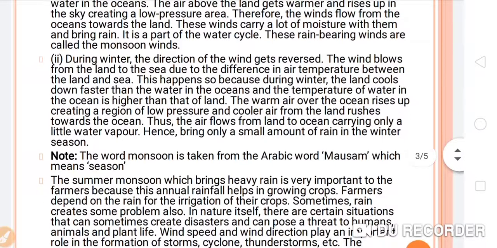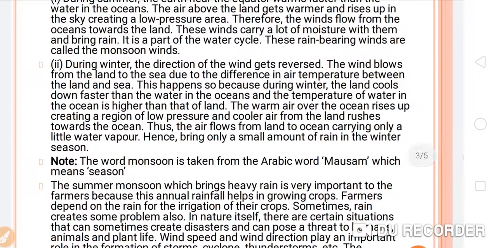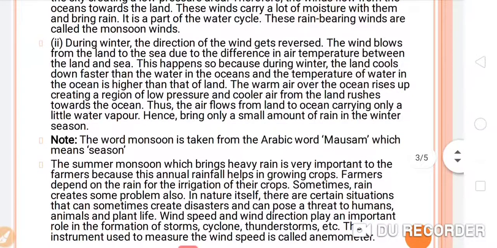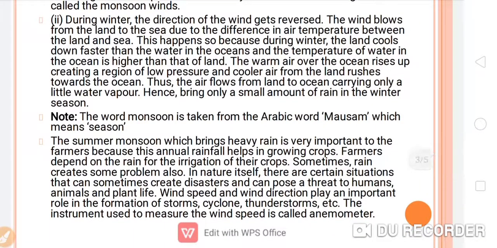The warm air over the oceans rises up, creating a region of low pressure, and cooler air from the land rushes towards the ocean. Thus the air flows from land to ocean carrying only a little water vapor, hence bringing only a small amount of rain in the winter season.